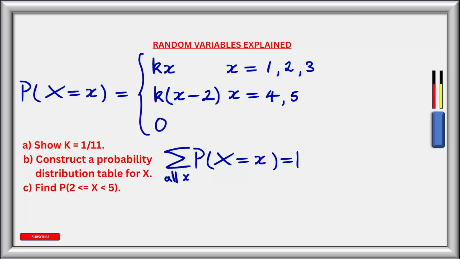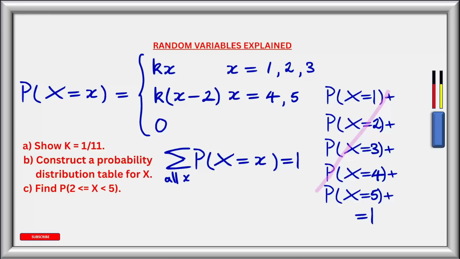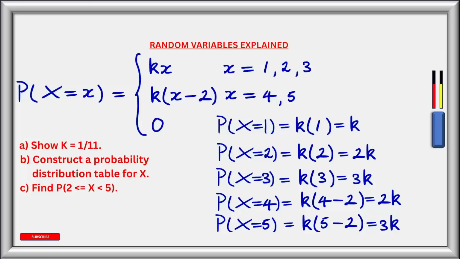And so beginning with part A, we want to show that k is equal to 1/11th. So we can use one of the properties of discrete random variables, where the sum across all values of x of the probability of x equals x is equal to 1. What this means is that if we sum all the probabilities where x equals 1 to 5, this comes to a total of 1. So when x equals 1, the probability is governed by the function kx.